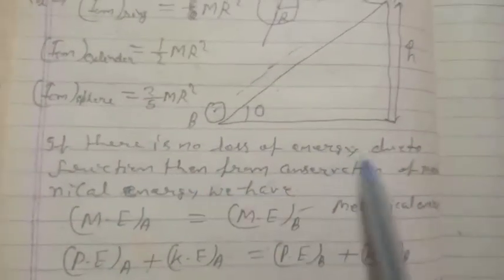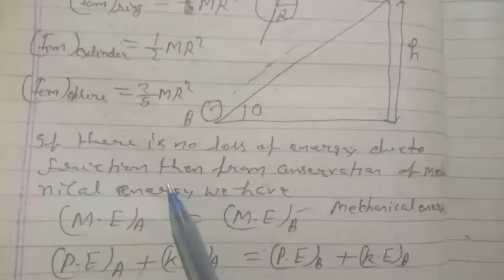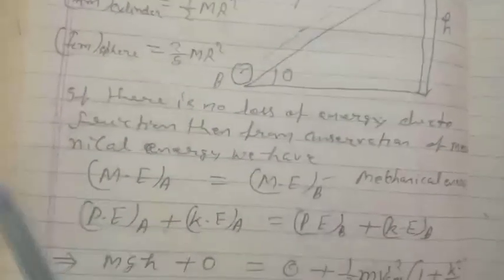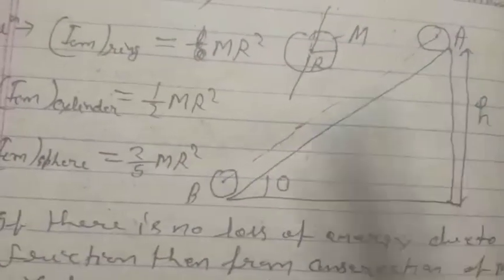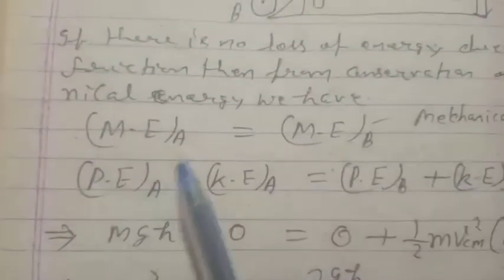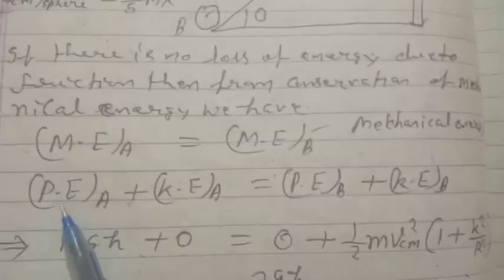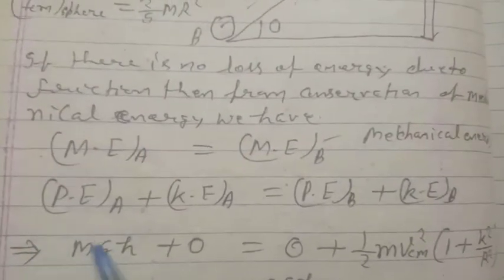Now, if there is no loss of energy due to friction, then from conservation of mechanical energy, here we are considering that the surface is frictionless. So the mechanical energy at A will be equal to the total mechanical energy at B. Now we know that mechanical energy is equal to potential energy plus kinetic energy.